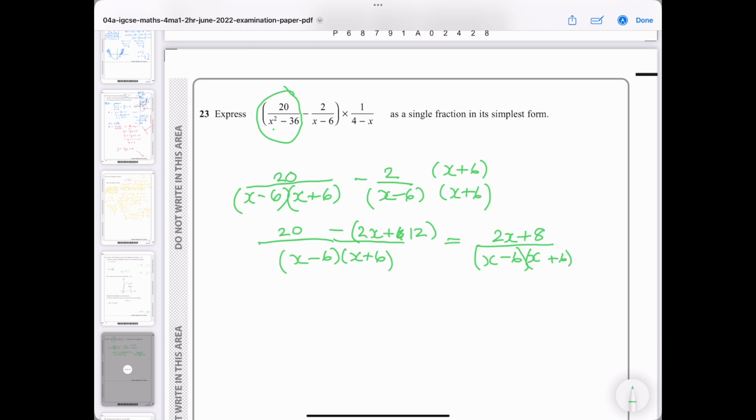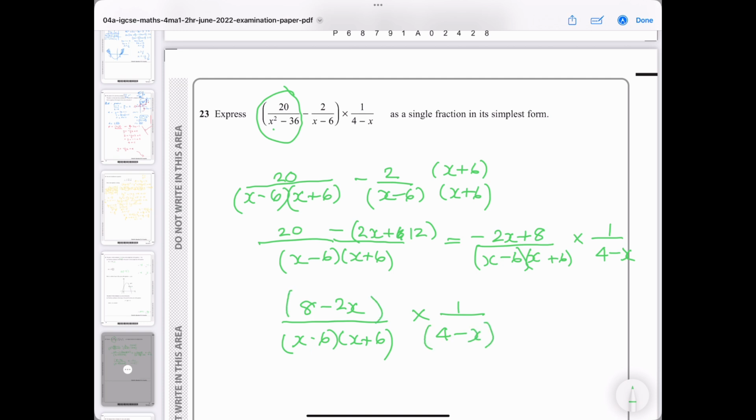Now we're going to times this by 1 over 4 minus x. You know what? That's minus 2x. And I'm saying this because I've just noticed something you can do here. So I'm going to turn this round. So it's 8 minus 2x, which is the same as that, over x minus 6, x plus 6. And it's times 1 over 4 minus x.